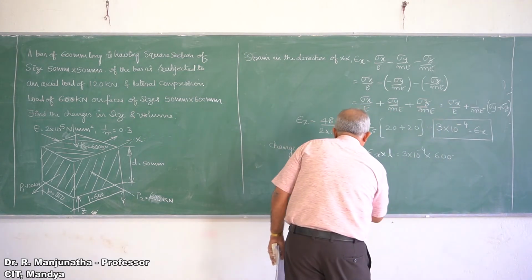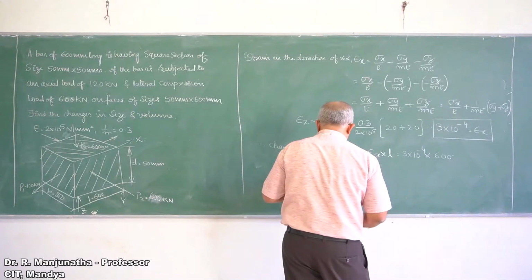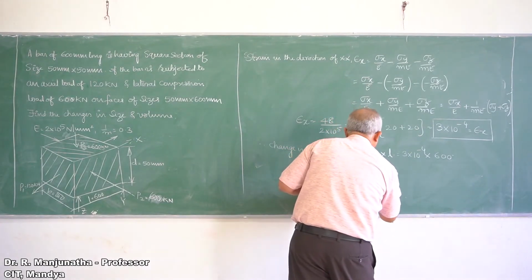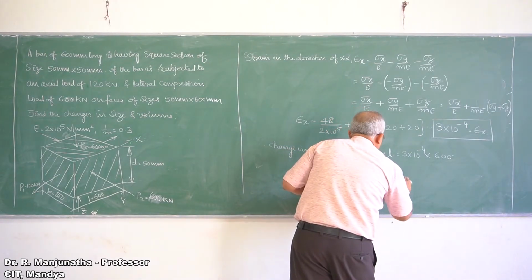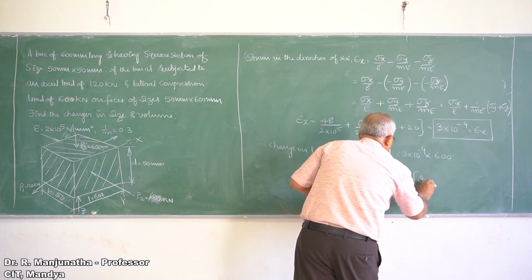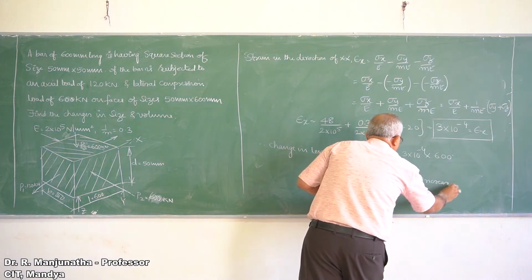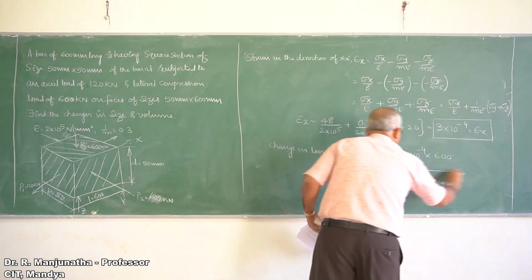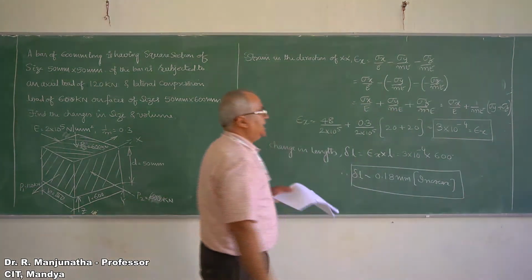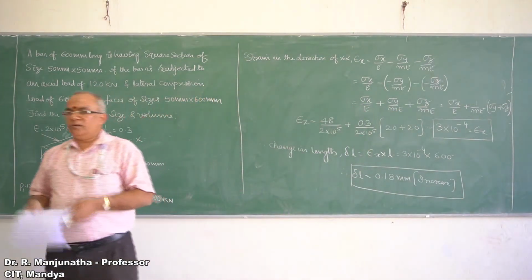Therefore, delta L, the change in length, will be equal to 0.18 mm. Since it is tensile, naturally this is going to be an increase in length. So this is how we find the change in length of the rectangular bar.